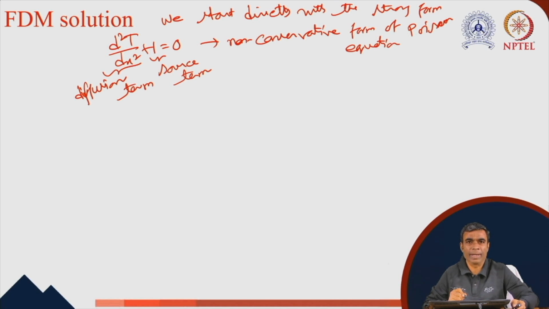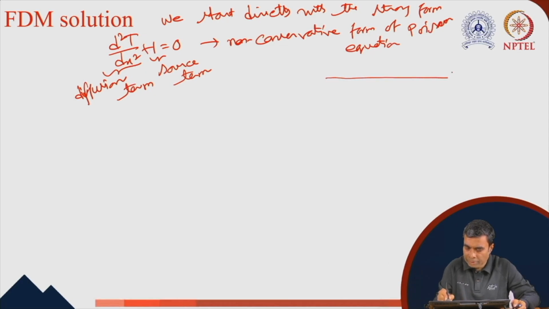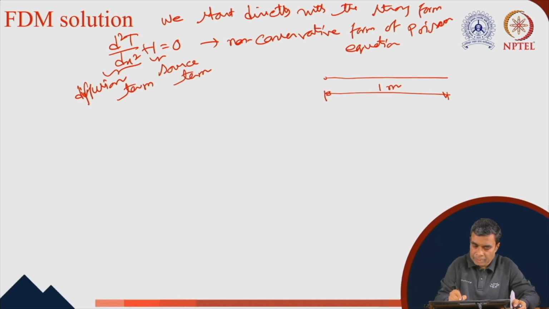So we can discretize this term by using a certain differentiating scheme which does not consider directional bias or directional preference. If we show the rod here, we consider that this rod is of 1 meter length. This left boundary at x equals to 0, the temperature is 100 degrees centigrade. At the right boundary at x equals to 1, the temperature is 50 degrees centigrade.